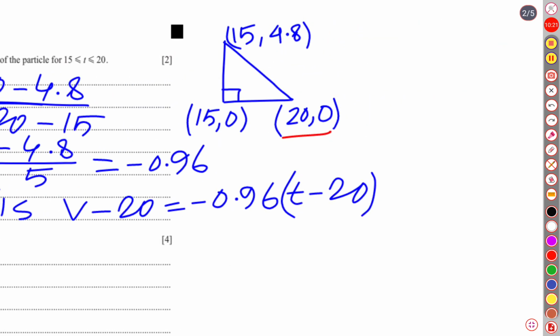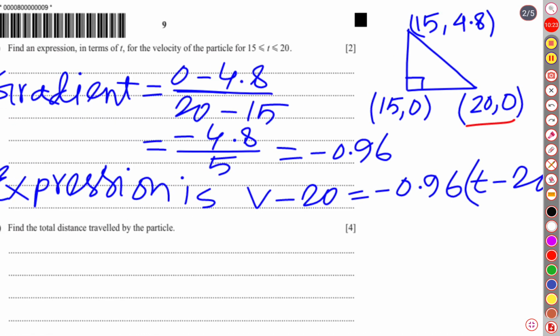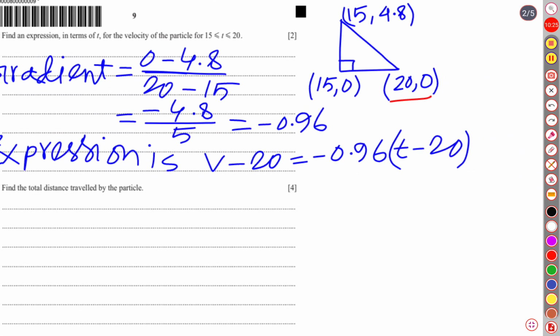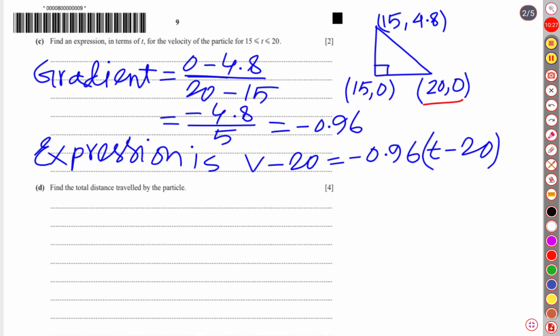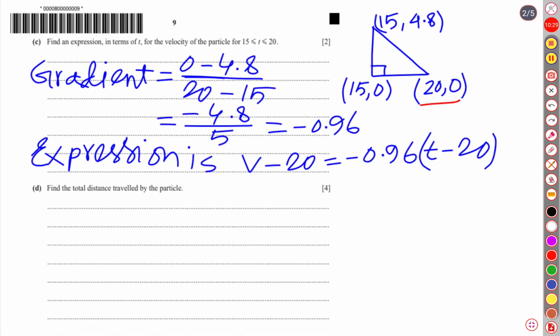So finally, v is equal to negative 0.96 t, then plus 20 into 0.96, which is 19.2.